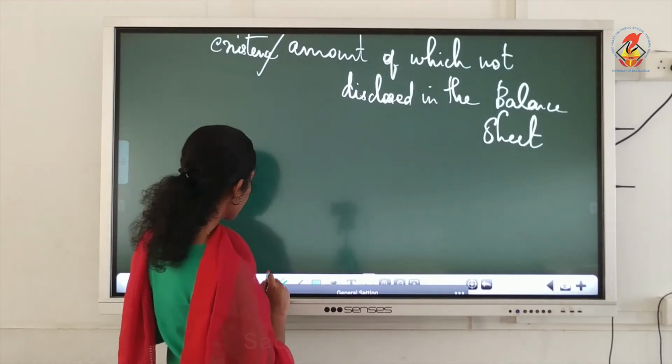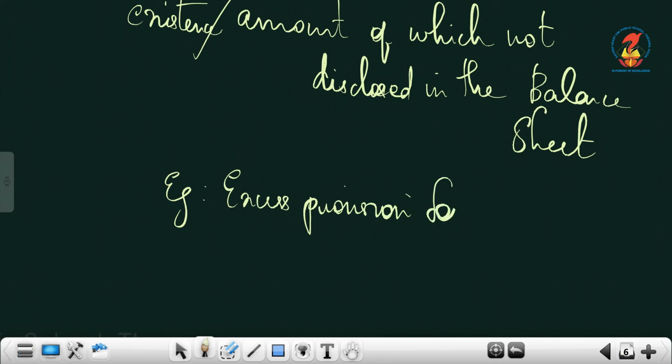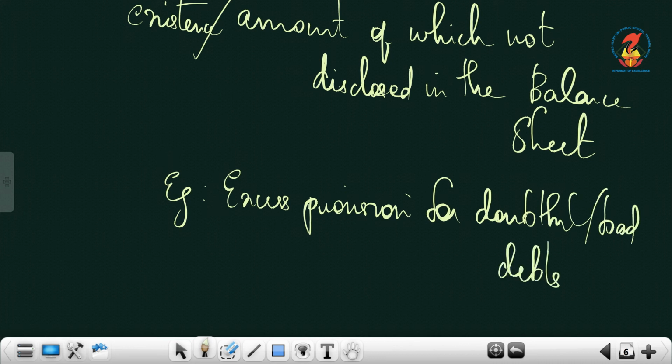Examples of how it leads to creation of secret reserve: one is when you keep excess provision for doubtful debts, that we have learnt before. Excess provision for doubtful or bad debts leads to creation of secret reserve.